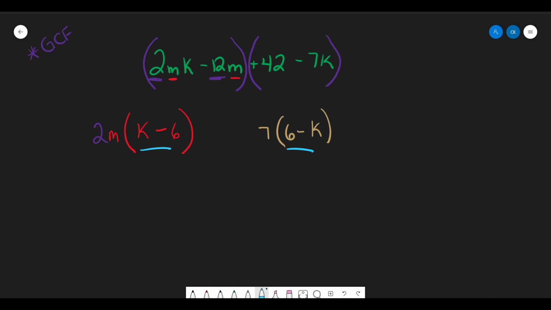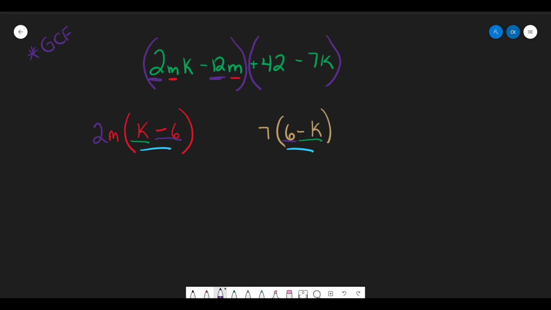So if I see that my two parentheses are almost identical, in this case, the only issue here is that this k is negative. Let me put it here. This k here is a negative k, and this is a positive k. This is a negative 6, and this is a positive 6.